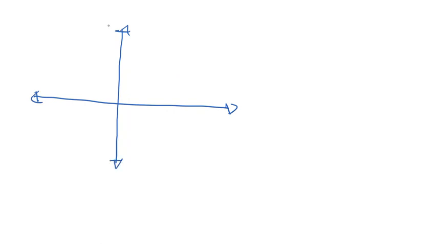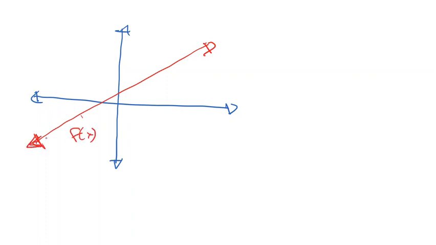So let's take a look at an example, make some sense out of all of this. Let's just do a simple graph. Let's say we have a line, and that line is our function, and let's just make that a straight line. And this is the function f of x. Those are supposed to be little arrows out there.